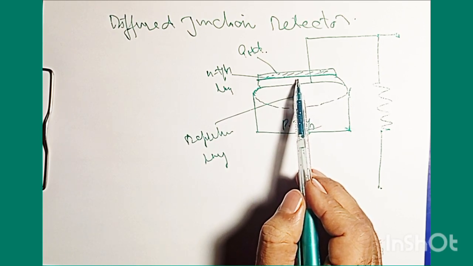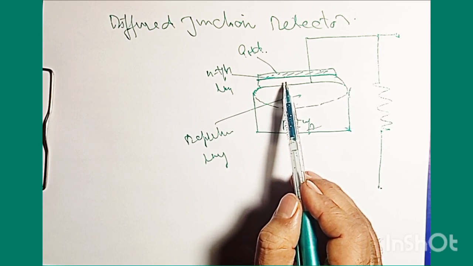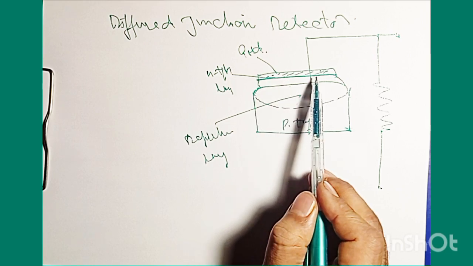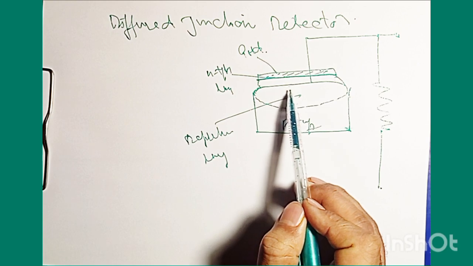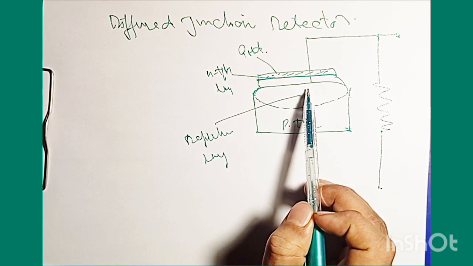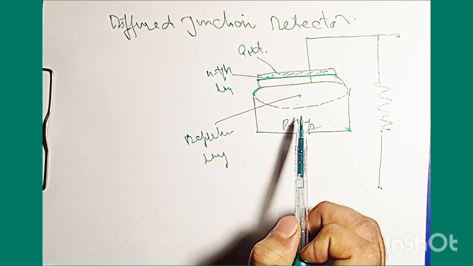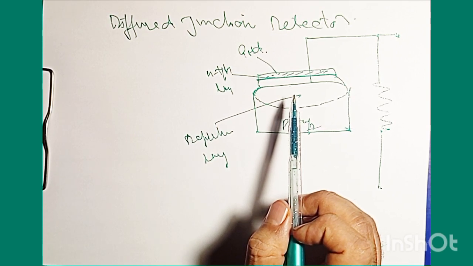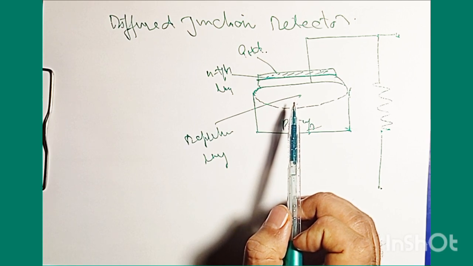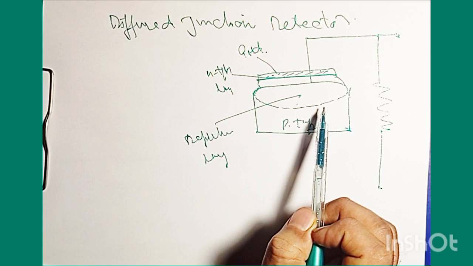In order to minimize the current flowing in the detector when no radiation is falling on it, there should be no current flowing through it unless radiation is bombarding it. This is why we make sure that this PN junction is reverse biased.